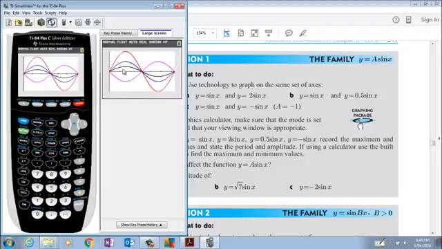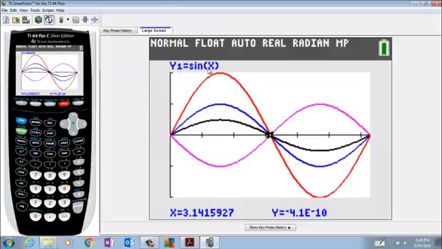If you look at the amplitude, you can see if I press the trace key, it'll tell us which function we're on. Now if I press the left button, we're going up and down along the sine curve.